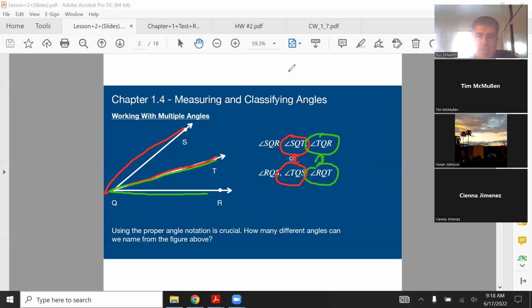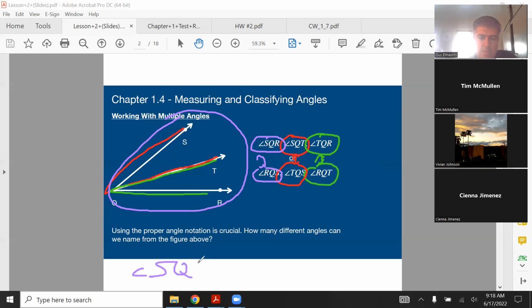And then you have the whole angle, the whole shebang here: SQR and RQS. If you think about it, angle SQR, the whole thing, is going to add up to angle SQT plus TQR.